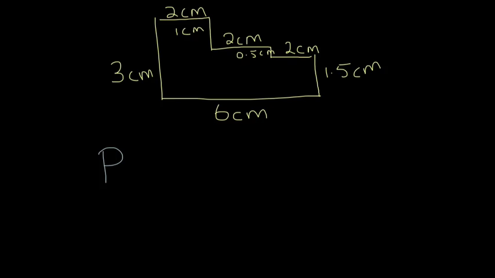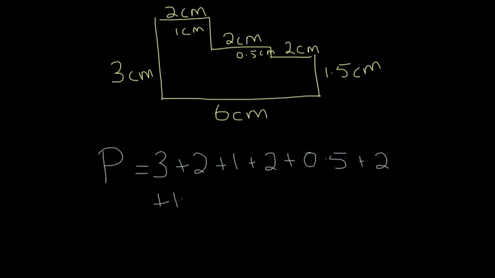So P for perimeter of this shape will equal 3 plus 2 plus 1 plus 2 plus 0.5 plus 2 plus 1.5 plus 6, which gives me an answer of 18. Have I finished the question? No, because I forgot my units. 18 centimeters.